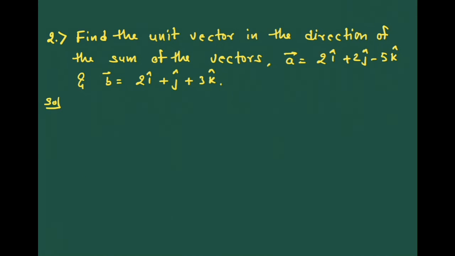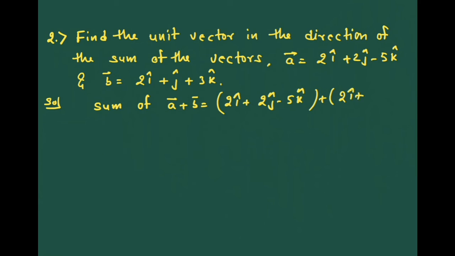Question number 2 is find the unit vector in the direction of the sum of the vectors A, that is equal to 2i cap plus 2j cap minus 5k cap, and B vector, 2i cap plus j cap plus 3k cap. So first we need to calculate sum of A and B vector. If we add, A vector is 2i plus 2j minus 5k, and B vector is 2i cap plus j cap plus 3k cap.